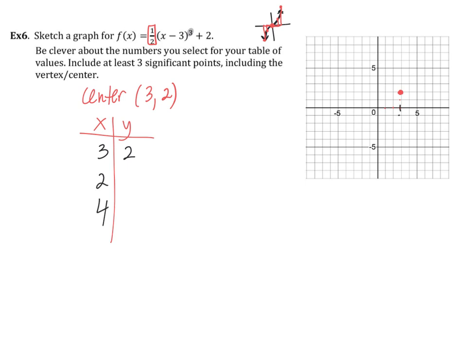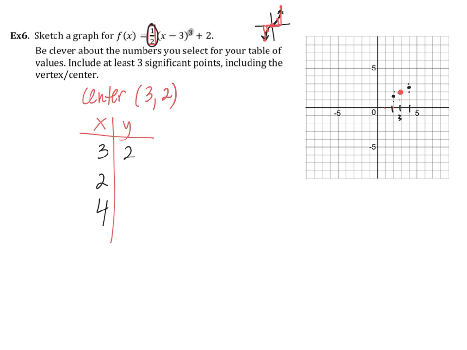So if this is 3, I would be choosing 4, and I would choose 2 to see what's going on. You can plug those values in, or you can say to yourself, typically, you would go to the right 1, up 1. But with the half stretch value, that means we're only going to go up half that distance. Typically, we would go to the left 1, down 1, but we're only going to go half that distance.